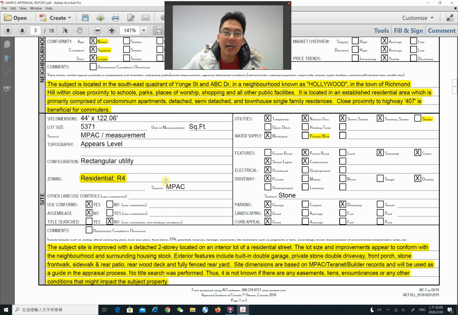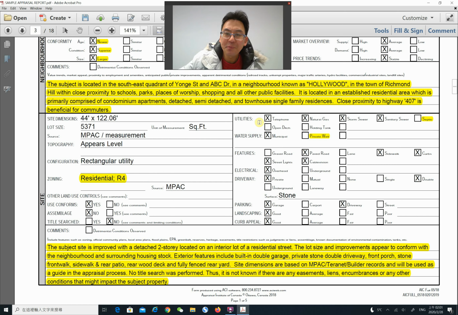But 9 times out of 10, it should be residential. Okay, but we have seen some commercial property that looks like a residential property, but in fact the zoning is not. So that would be a big problem. Make sure this is residential.